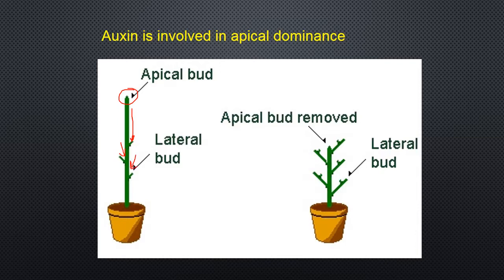So it allows the apical bud to be dominant. When we take away the auxin, or we chop off that apical bud, then the lateral buds and lateral meristems begin to produce lateral branches. So the apical dominance is removed. So that is something that auxin is very well known for, being involved in apical dominance.